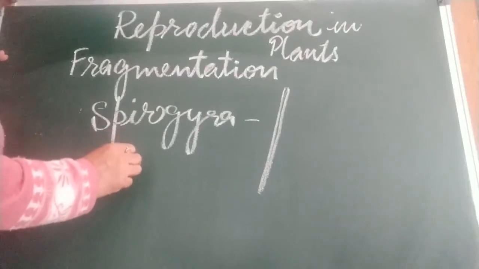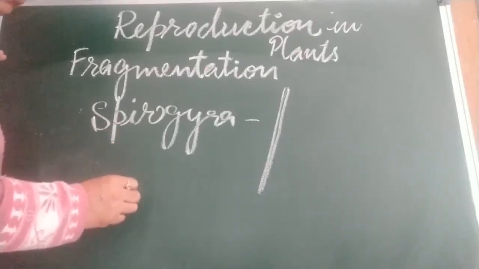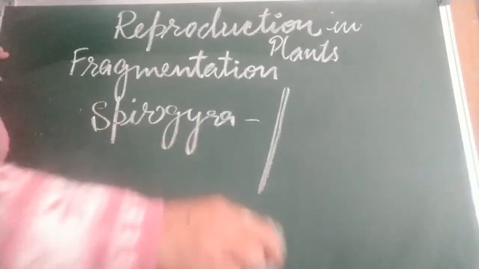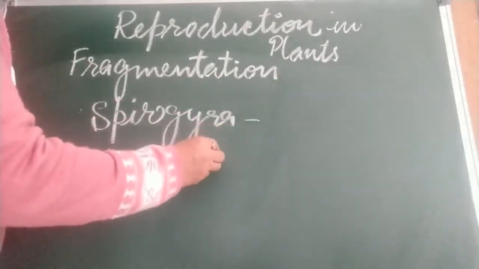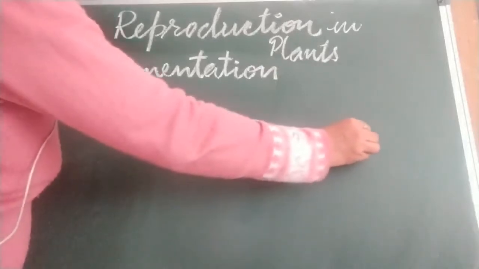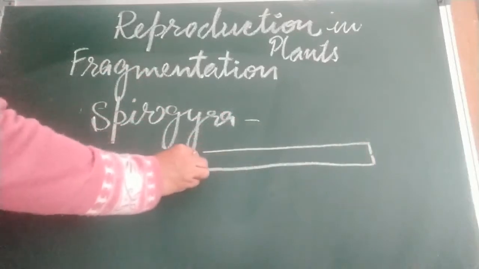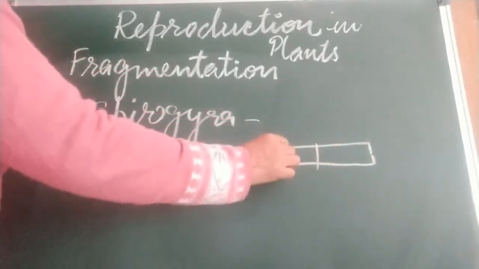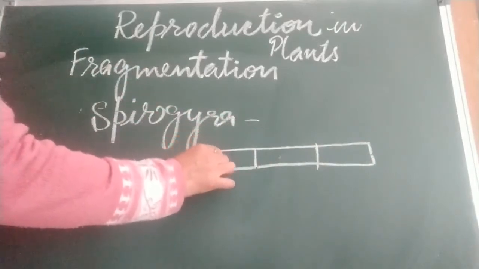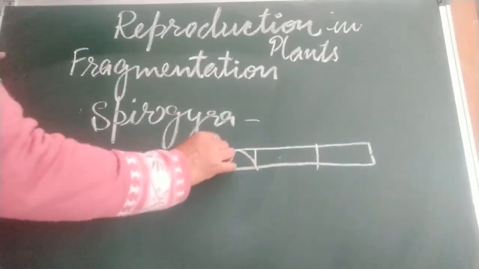Small plants are seen floating on the surface of ponds or in dirty drains. In this process, what happened? This filament, when we observe it under the microscope, the structure is like this. These are the fragments, and these are the bands of chlorophyll.